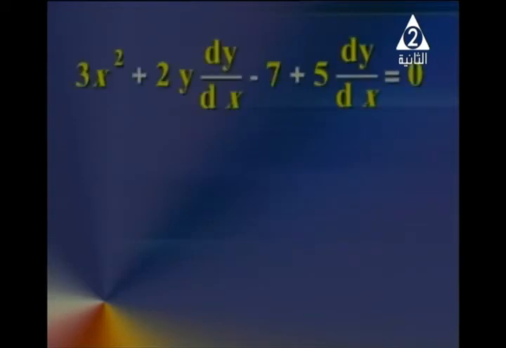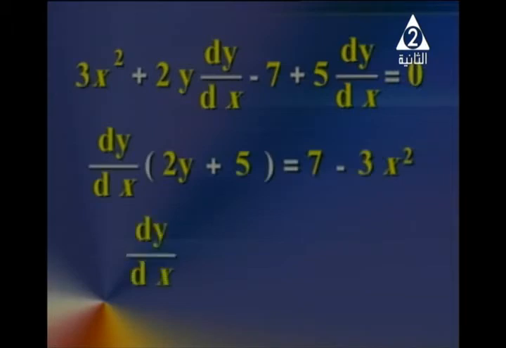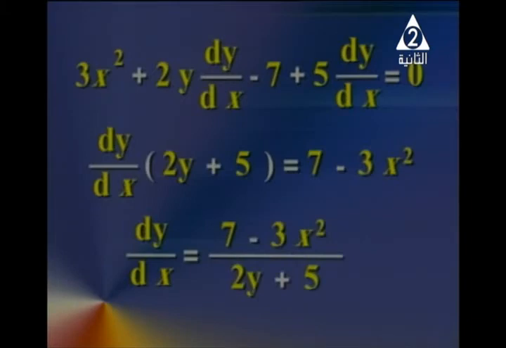Dear student, when we find dy by dx, we get 3x power 2 plus 2y multiplied by dy over dx, minus 7 plus 5 dy over dx, equals 0. On the left hand side, x power 3 has derivative 3x power 2, y power 2 gives 2y dy by dx, minus 7 plus 5 dy over dx, and the right hand side equals 0.